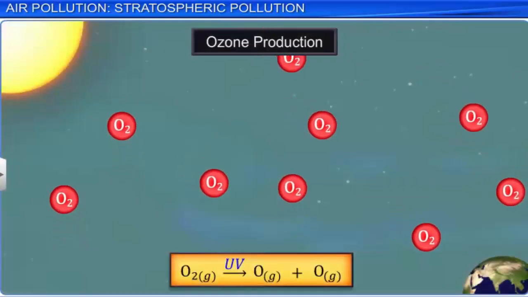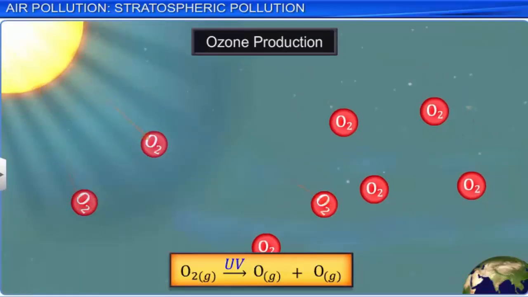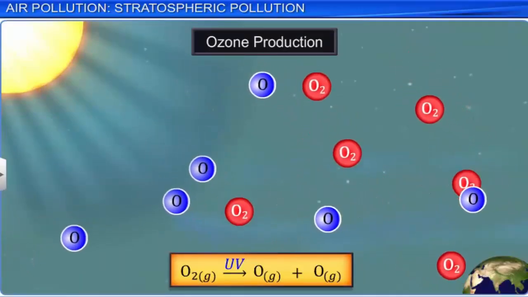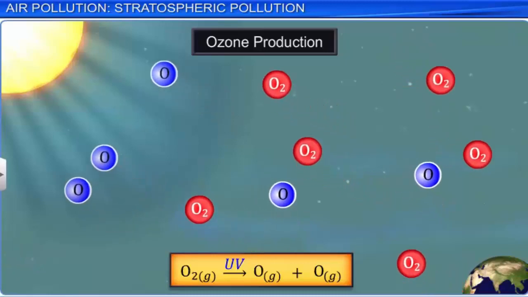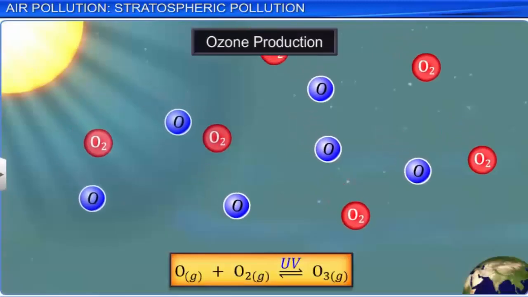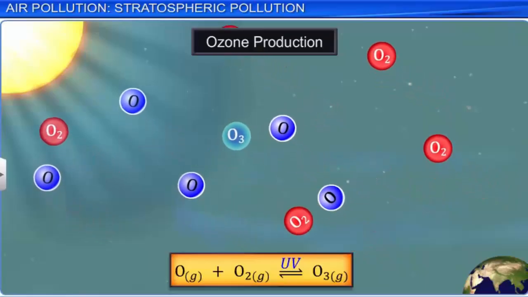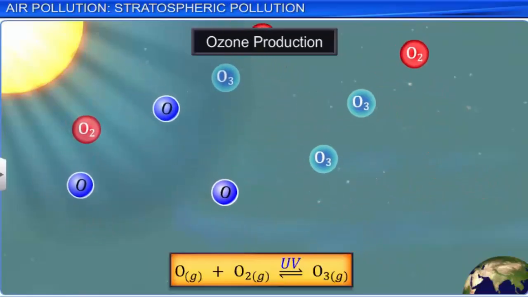First, the UV rays dissociate a dioxygen molecule into its respective oxygen atoms. This oxygen atom, called nascent oxygen, then combines with another oxygen molecule to form an ozone molecule.